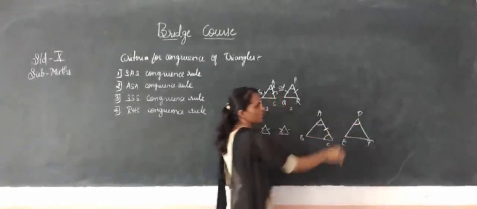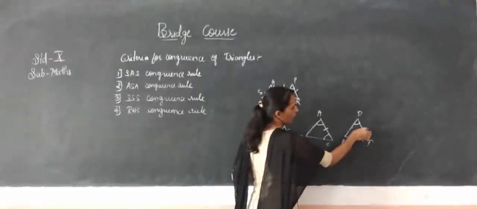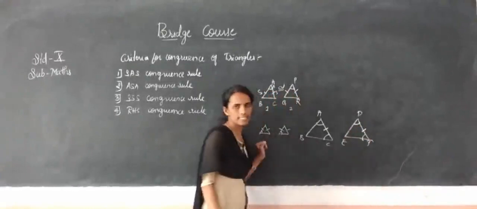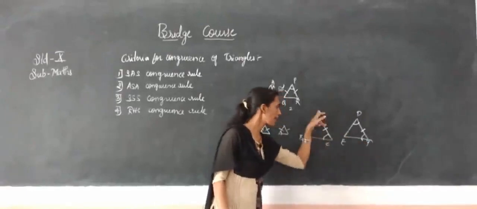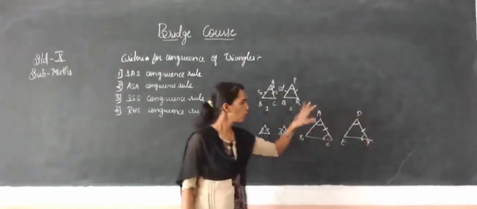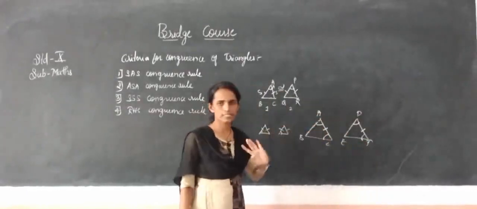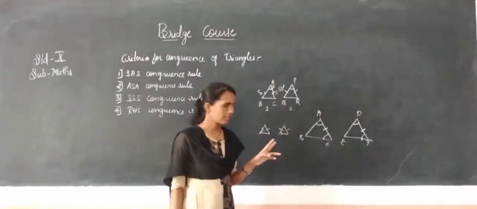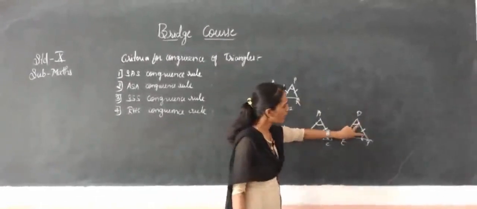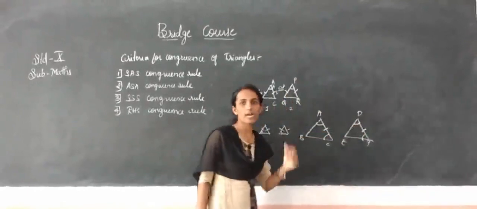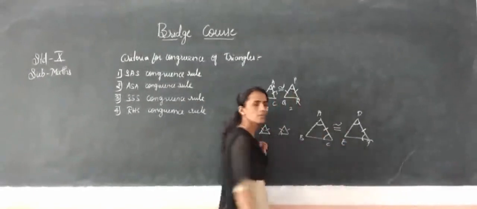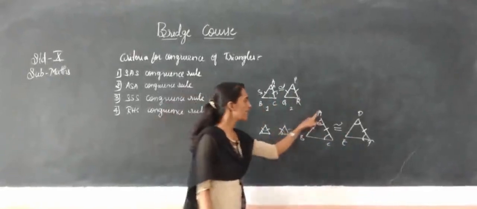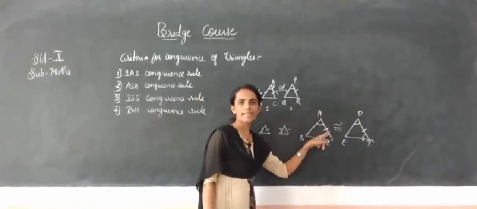Same in the second triangle: angle D and angle F, and the included side is DF. Angle A is equal to angle D, angle C is equal to angle F, and AC is equal to DF. Two angles and the included side of one triangle are equal to two angles and the included side of another triangle. At that time we can tell that these two triangles are congruent. So that is ASA, angle side angle.